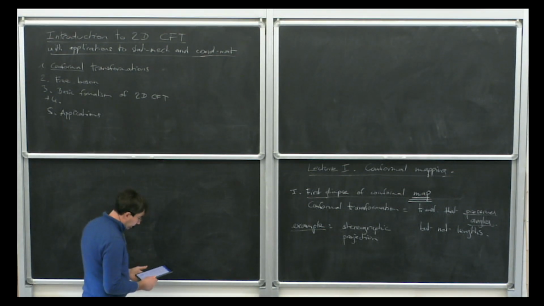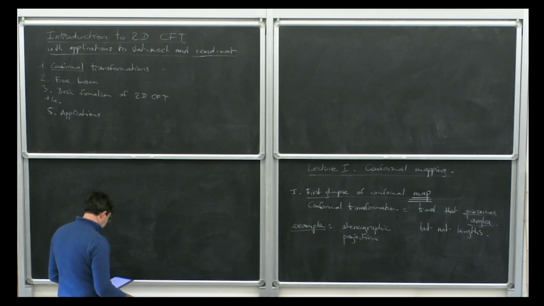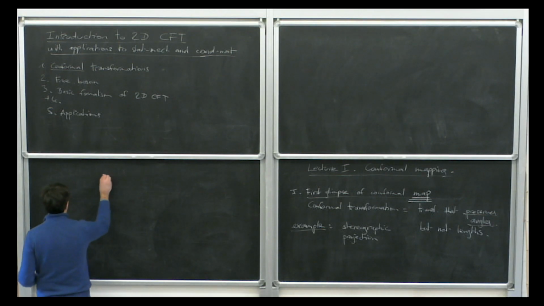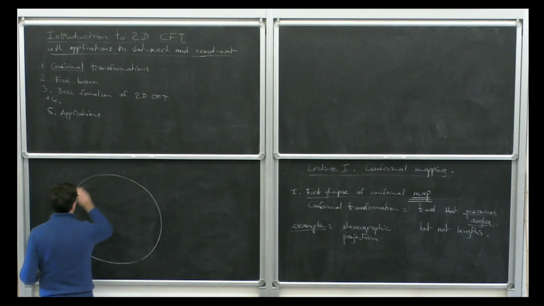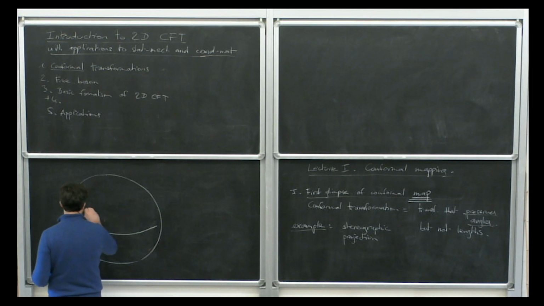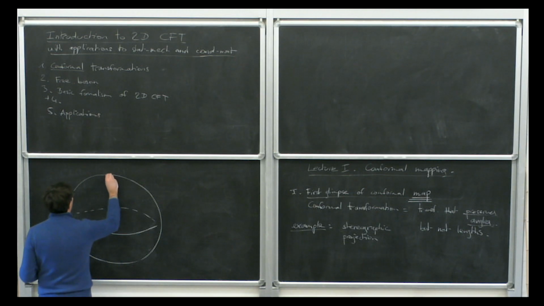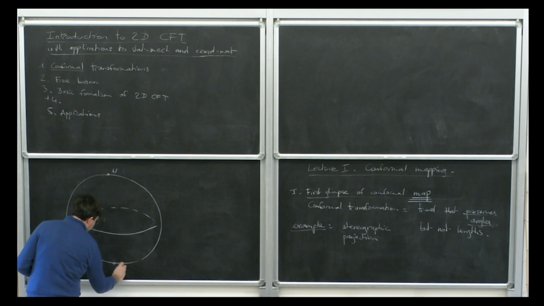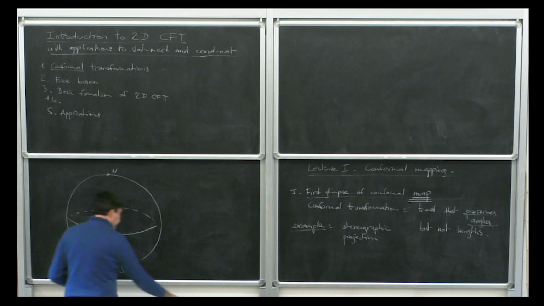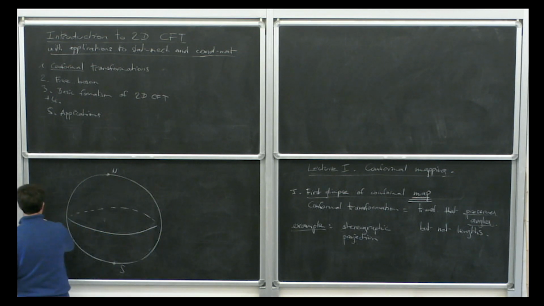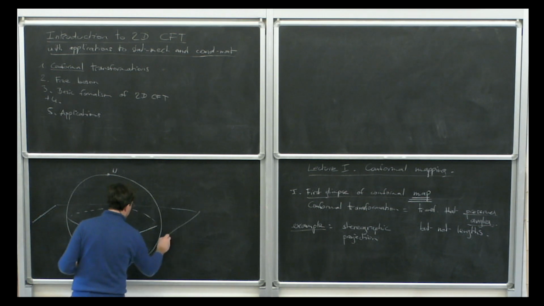Okay, so let's draw a picture, a big picture. You have a sphere like this. That's my sphere. Here's the North Pole, South Pole. Then there's the plane here.